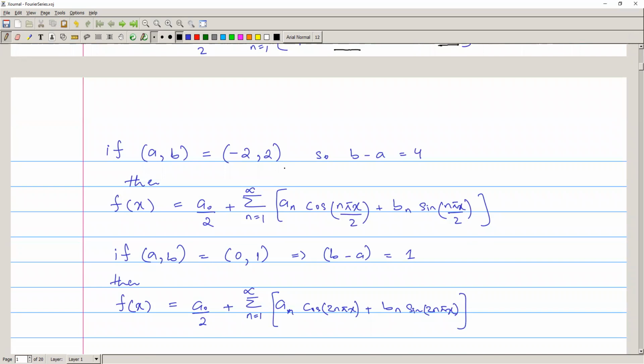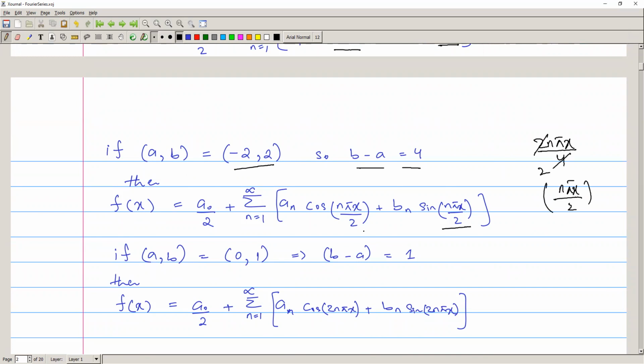I'm using different intervals to make your concepts stronger, so you may not get confused in the exam or in the given question, right? So if a comma b is negative 2 to 2, the interval, so the period b minus a is equal to 4, so we'll put here 2n pi x over 4, so we will get n pi x over 2, right?